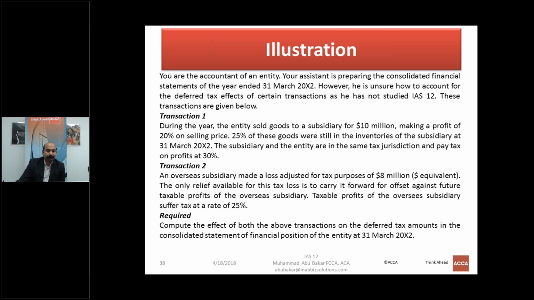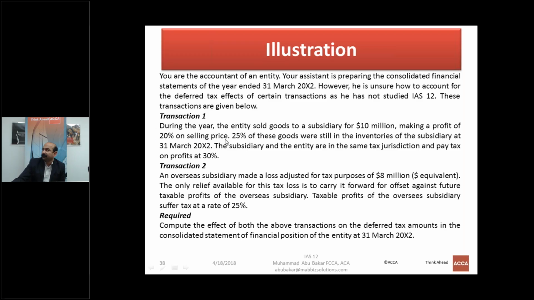Then transaction number 2: an overseas subsidiary made a loss adjusted for tax purposes of $8 million. The only relief available for this tax loss is to carry it forward for offset against future taxable profits of the overseas subsidiaries. Taxable profits of the overseas subsidiaries suffer tax at a rate of 25%.